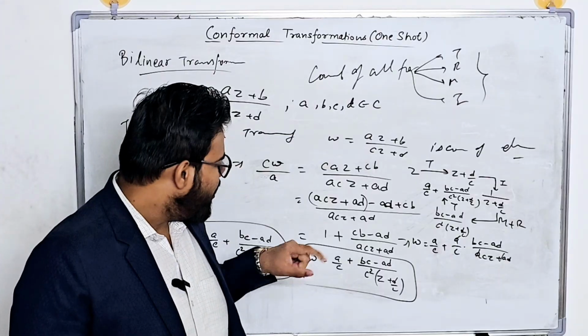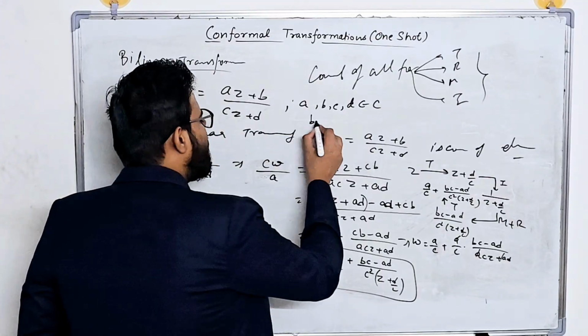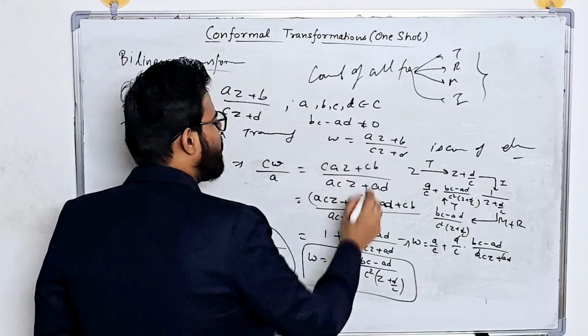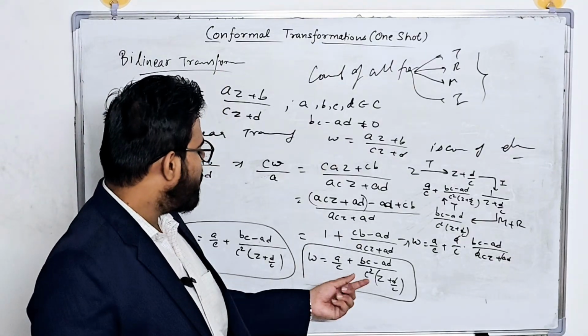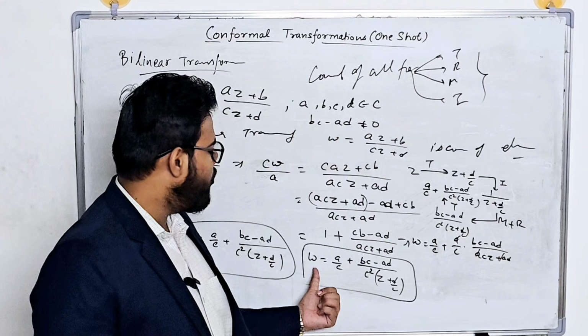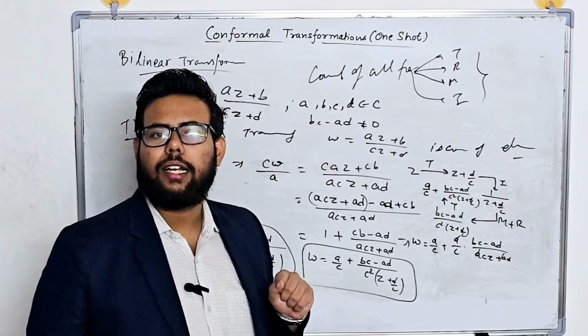And one more thing here: bc minus ad shouldn't be equal to 0. Why? Because if it is equal to 0, then this expression will become 0, which means that w will be equal to a by c, that is a constant value.